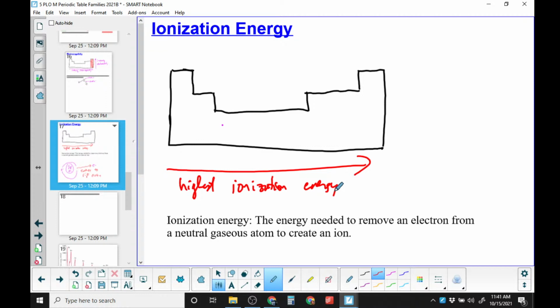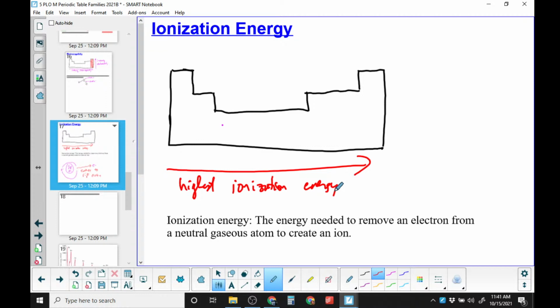Joffrey, what is the explanation? Why do you have the highest ionization energy to the right? Okay, whenever we do a cross, there's only one explanation. We always start out exactly the same way.